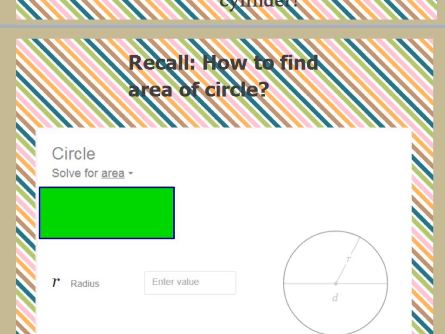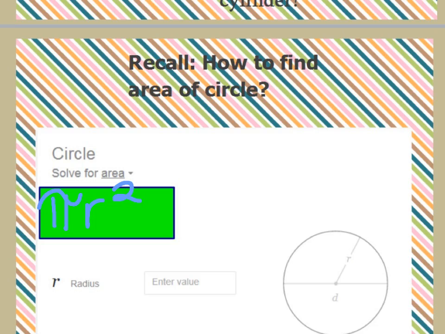Alright, so the area for a circle is pi r squared. Pi r squared is the area of a circle. So once you find that circle, you can then figure out exactly the volume of this cylinder.